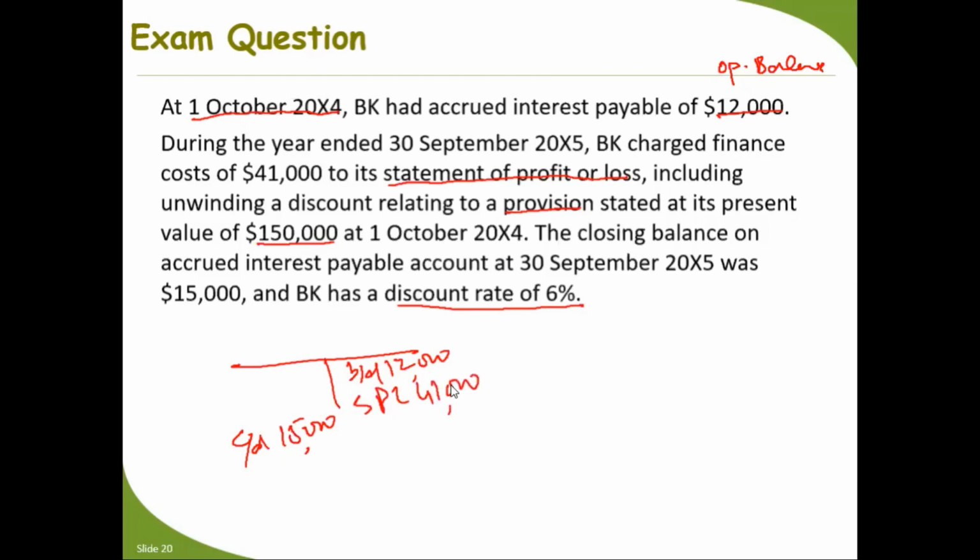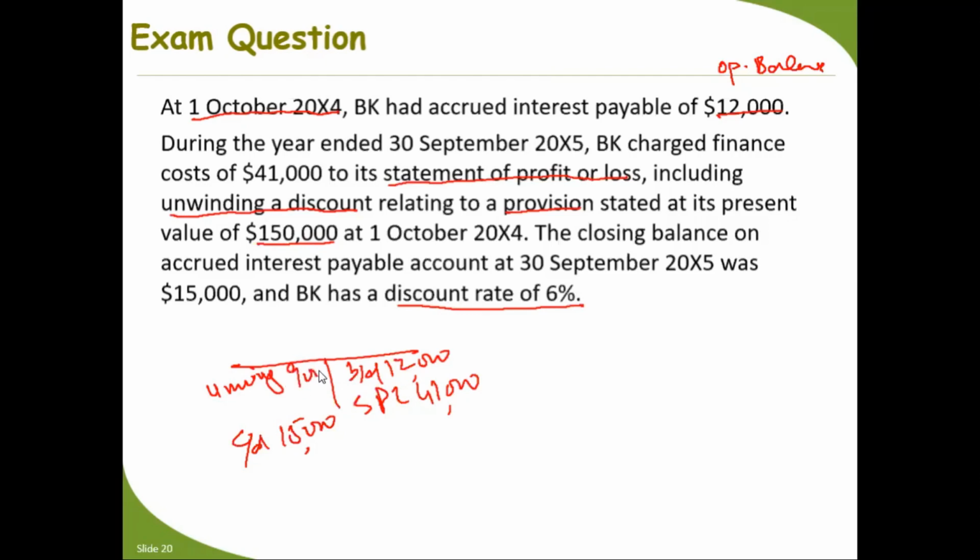But against that there is unwinding of discount. So unwinding is here because it's a non-cash item. 150,000 times interest rate of 6%, so 150,000 times 0.06 is 9,000.